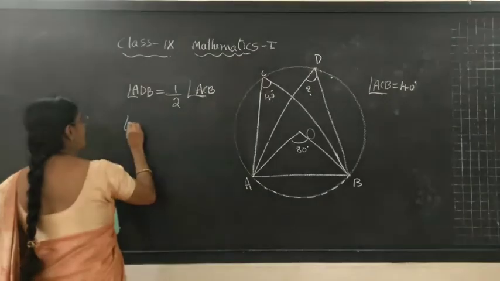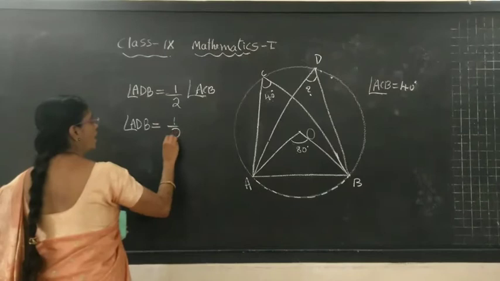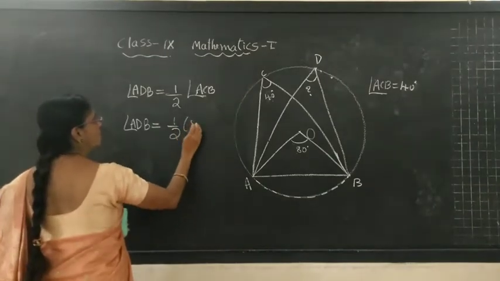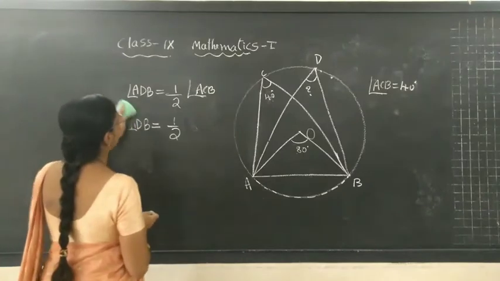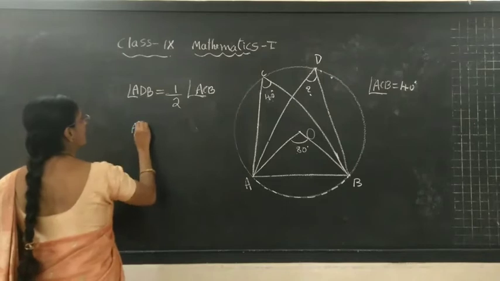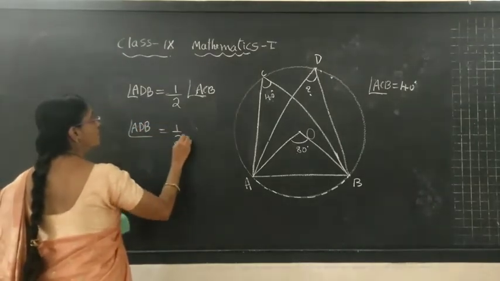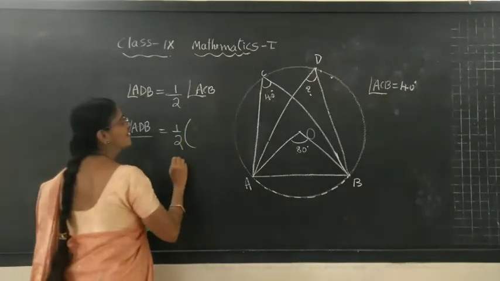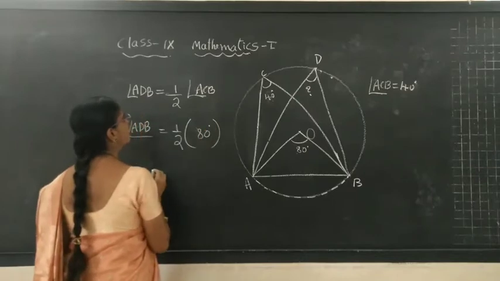So angle ADB is equal to half into 80 degrees.